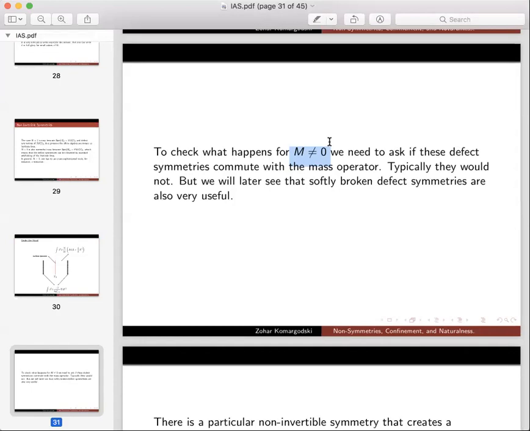Now, the fact that the symmetries are broken is not the end of the story, because they're only softly broken. So it's like in QCD, the fact that the pions are massive is still interesting. We can still do many things. And actually, some of the most concrete results I'll tell you are about the softly broken regime.